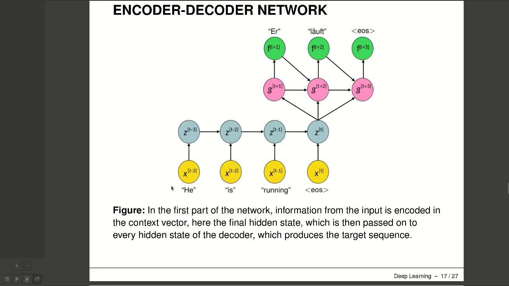First we create the one hot vector for each input and then pass it to the encoder part, which can be any type of RNN, for example an LSTM. At the final hidden state, the information is passed from the encoder to the decoder part. The decoder neurons are shown in pink color here, and we call it G.